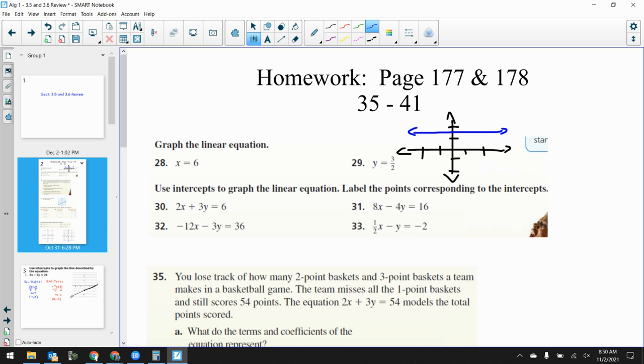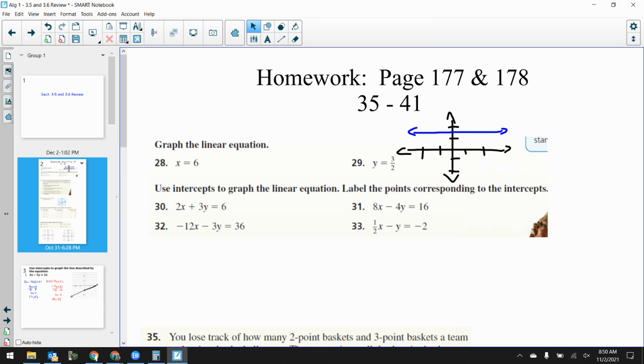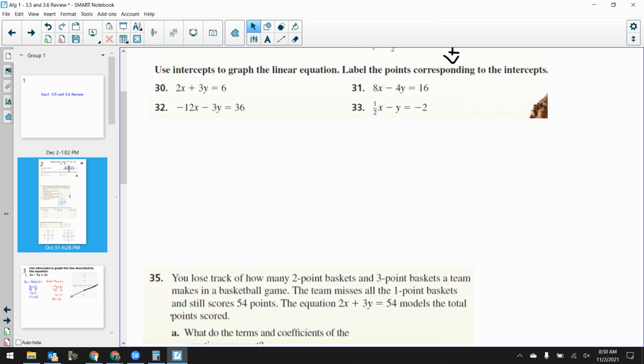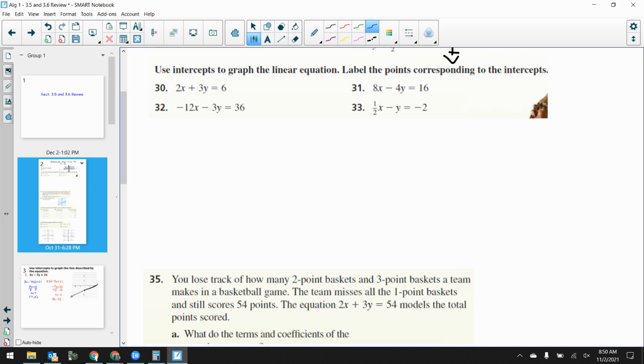Okay, which one? 32. Let me move this down and do 32 right underneath it. So for number 32, again, now I'm going to just skip to doing just the little equations. I don't need to do the whole plug-in 0 thing. Negative 12x is equal to 36. So divide by negative 12, x is negative 3. Negative 3, 0.